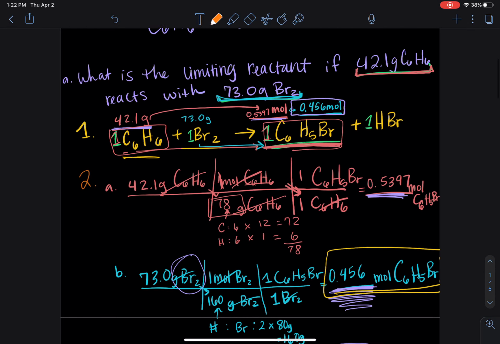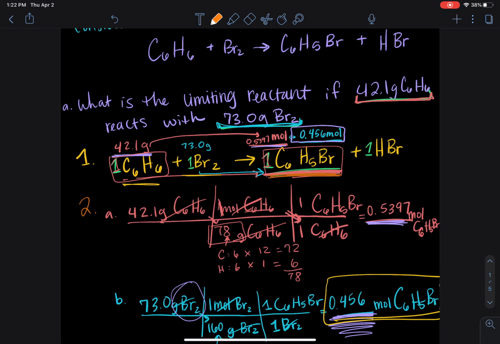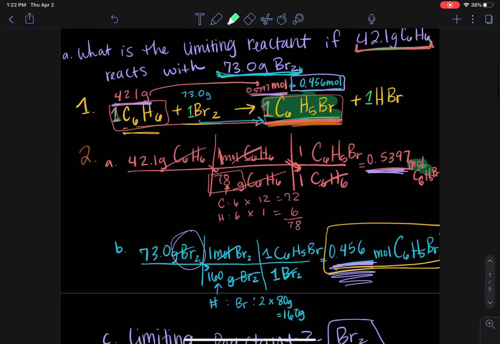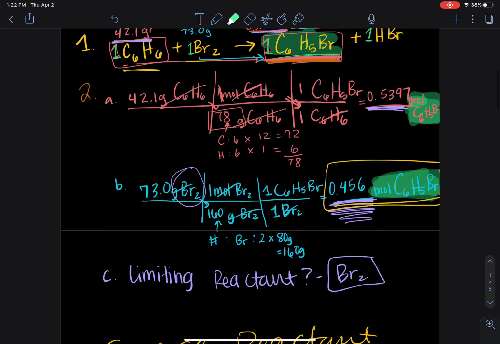We decided to solve for the C6H6 right here, and we also decided to keep it in moles every time. So both times we solved for moles of C6H5Br. Step two is just to take those two givens and solve for the same unit and the same compound.